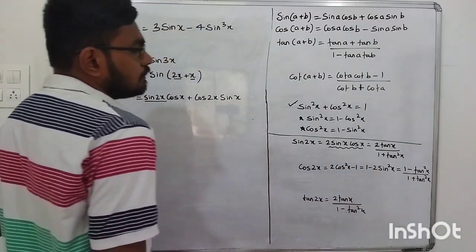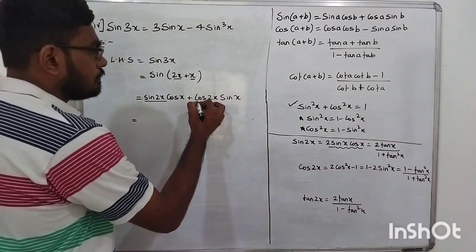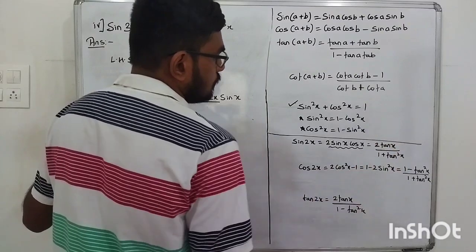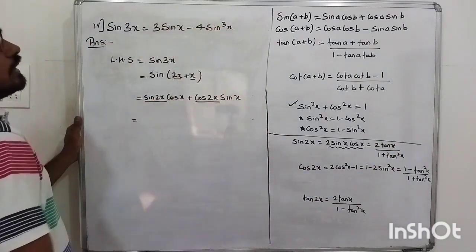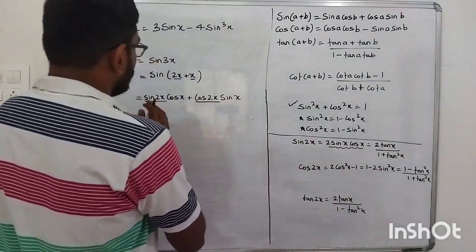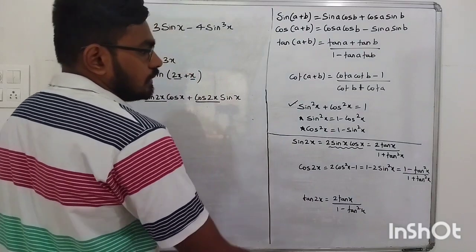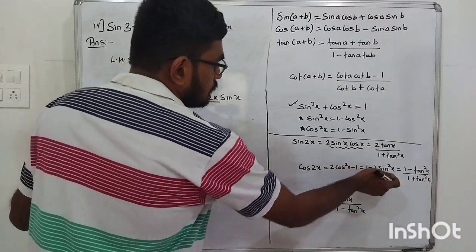any one of these. Now which one will be useful here? In place of cos 2x, obviously this will not be useful because there is no tan here. Okay, that's why I am using this. Similarly here this will not be useful. Out of these two, which one is more useful?